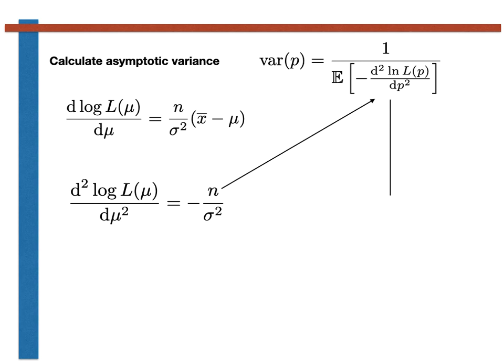We thus arrive at the expression for the asymptotic variance shown here, namely that the asymptotic variance is sigma squared divided by n. This result shouldn't really surprise us, as this is just the variance of a sample mean computed from n random variables. This is a formula that we have seen multiple times in this course.